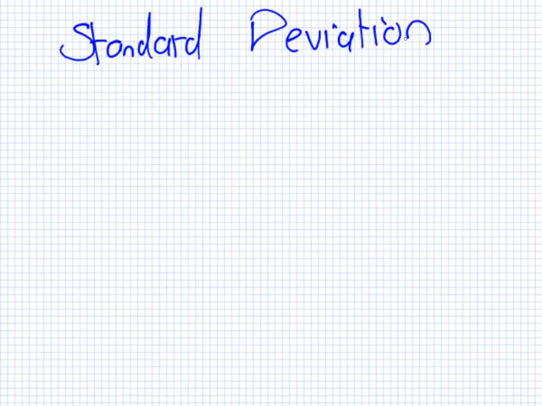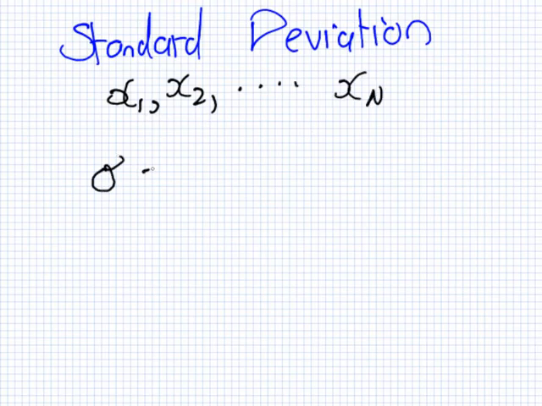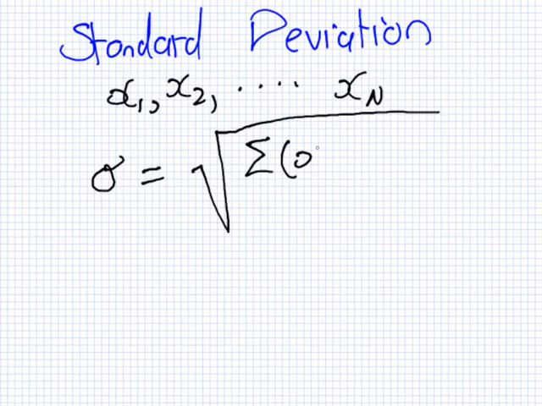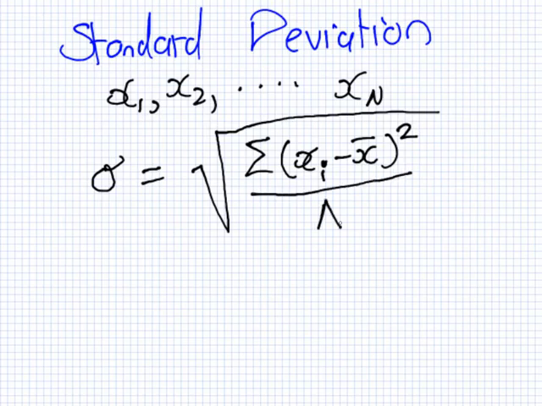Okay, so what is the standard deviation? When we have data x1, x2, all the way up until xn, the standard deviation is the square root of the difference each point is from the average, squared, divided by the number of data points.